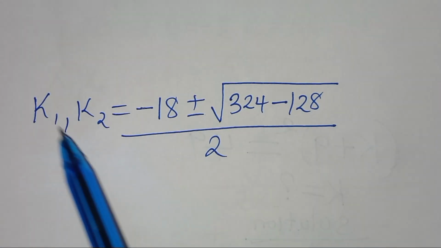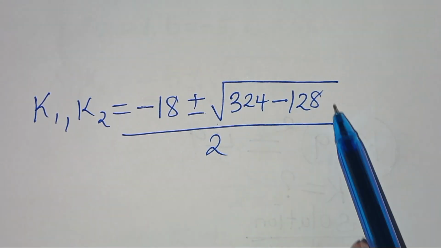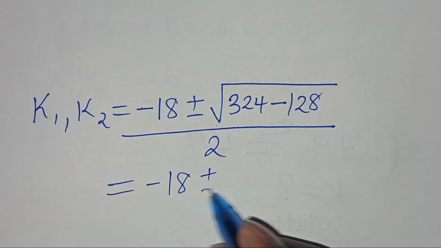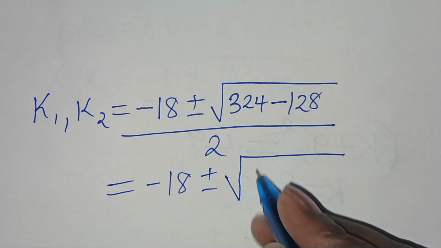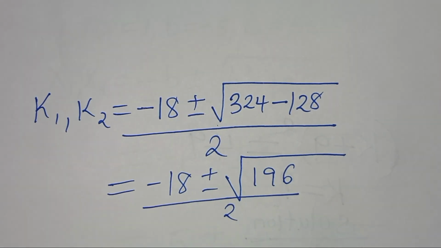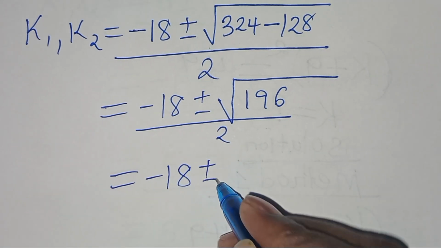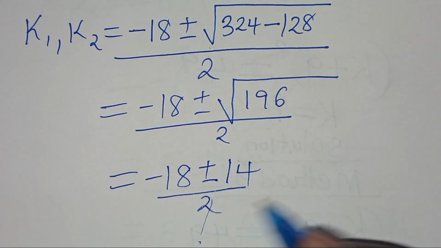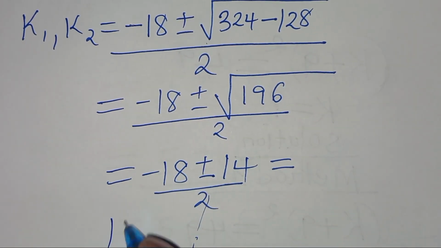So here we have k1, k2, which is minus 18 plus or minus the square root of 324 minus 128, and 324 minus 128 is actually equal to 196, divided by 2. So in this case, we have minus 18 plus or minus the square root of 196, this is 14, divided by 2. So here we have two possible values of k1 and k2.